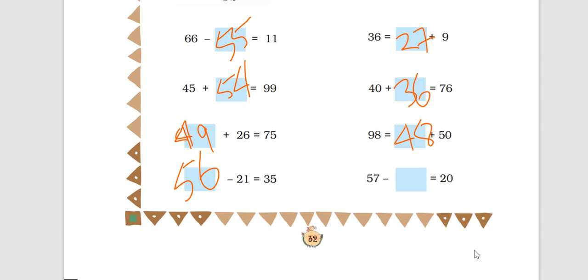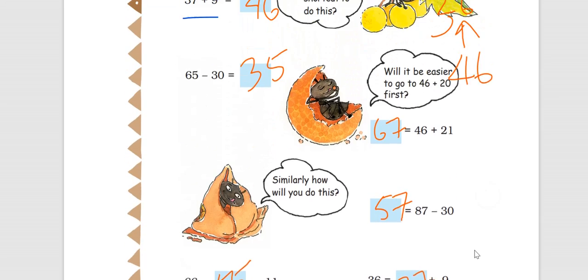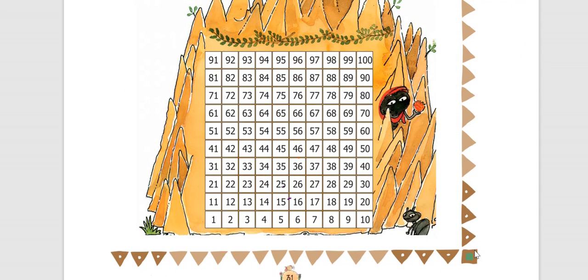Okay, I think the last one is 57 minus dash is 20. So we have to start at 57 and reach 20. Start at 57. Let's reach 20. Okay, 57. One step down is 47, 37, 27. It is 3 steps. And then one more step down is 4 steps. 4 steps down is 4 tens, which is 40.